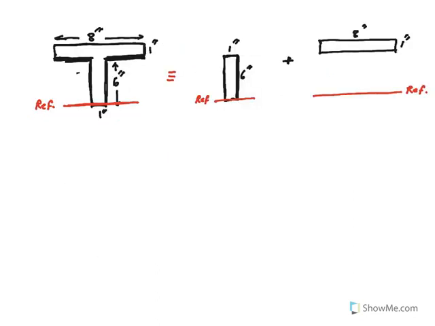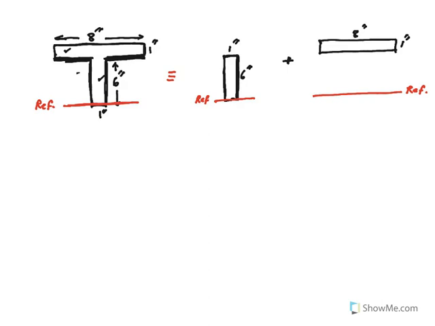So I have here an example of a typical T-beam, which is made of a flange here and a web here. My objective is to calculate the moment of inertia with respect to the centroidal axis of this shape. So the first question we have is, where is the centroid?